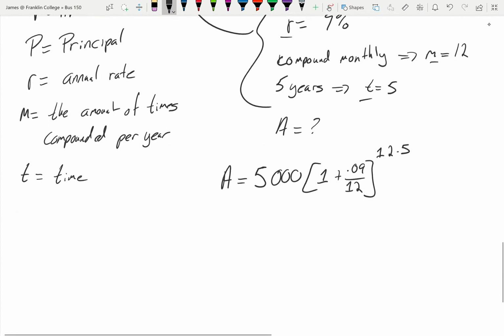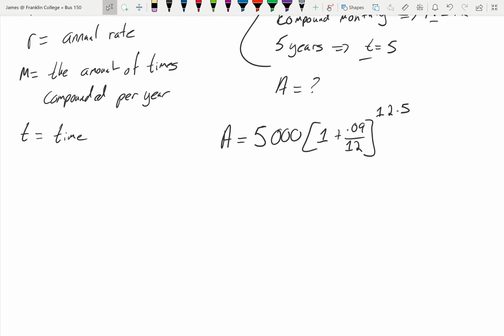Alright, so now we're going to have to do some math and use our calculator to figure out some of these values. So first, I say we deal with what's inside this parentheses first. So we're going to have A equals 5,000 times 1.075, all raised to the 60.